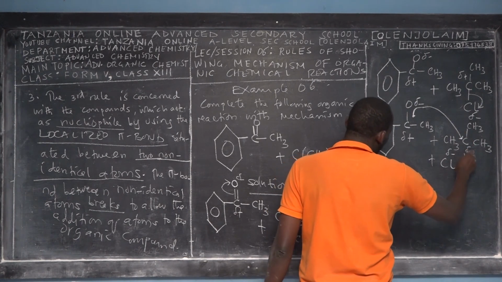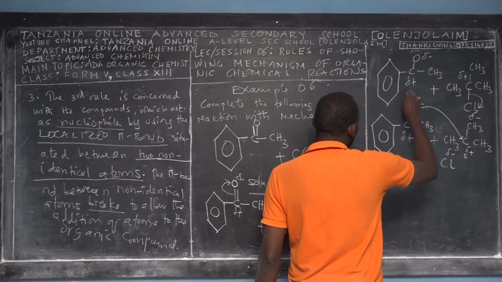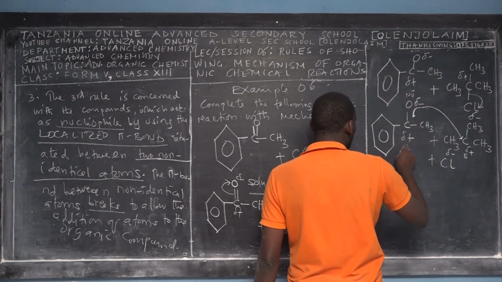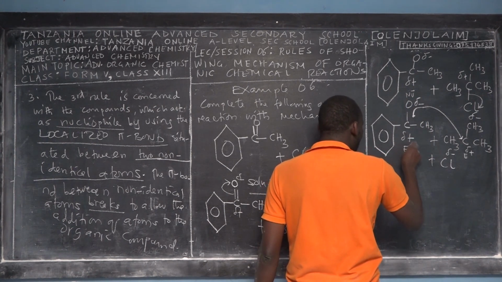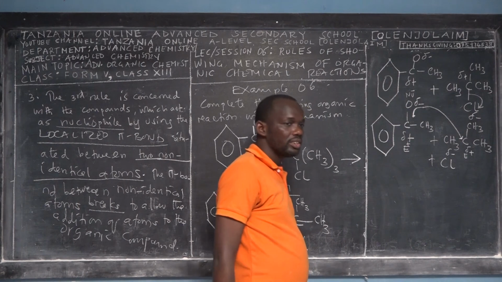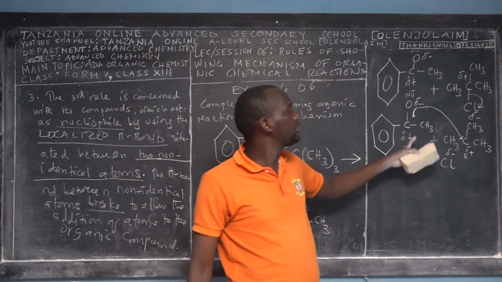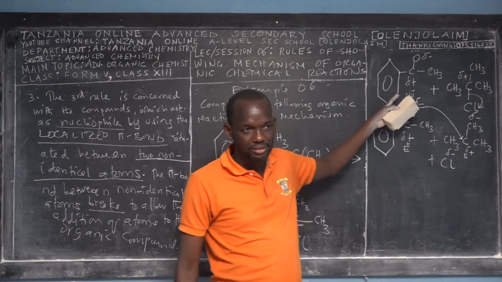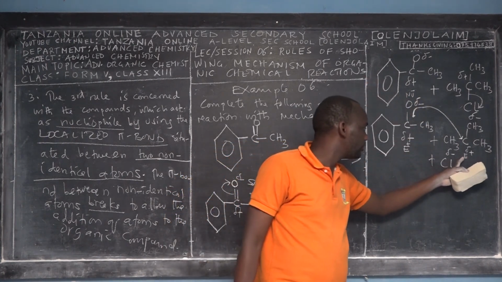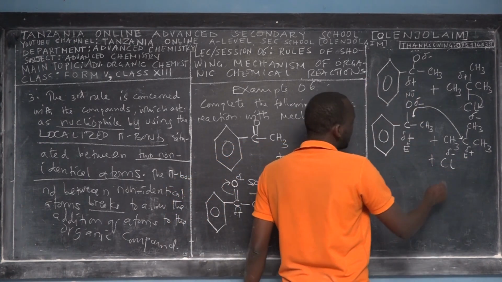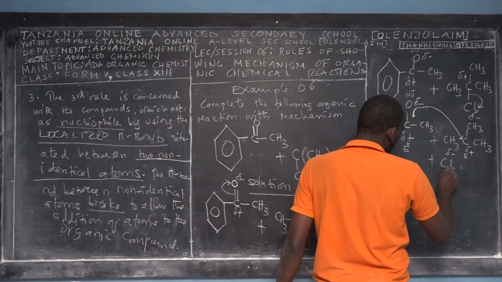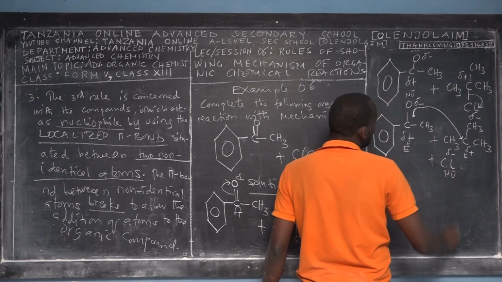This is the electrophile, this is the nucleophile. The same organic compound acts as a nucleophile at one part and as an electrophile at another. This acts as the electrophile, and this acts as the nucleophile. So chlorine acts as a nucleophile.